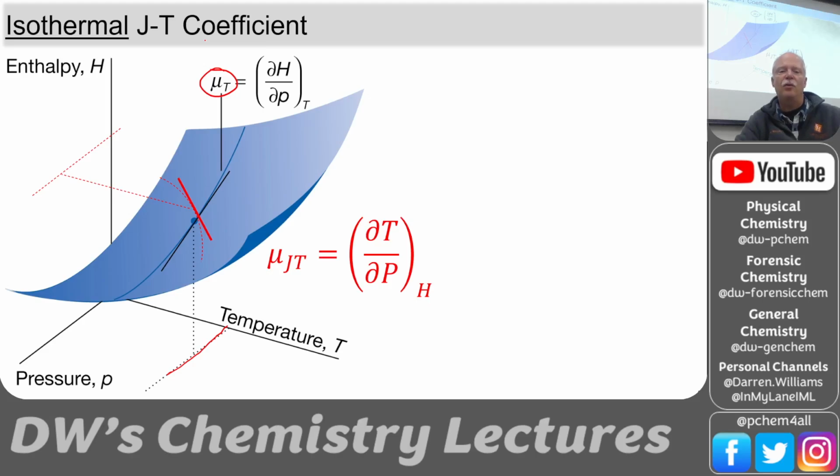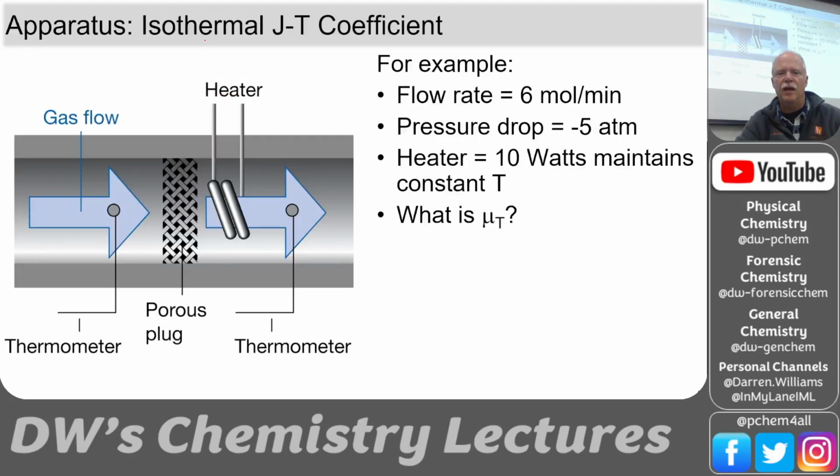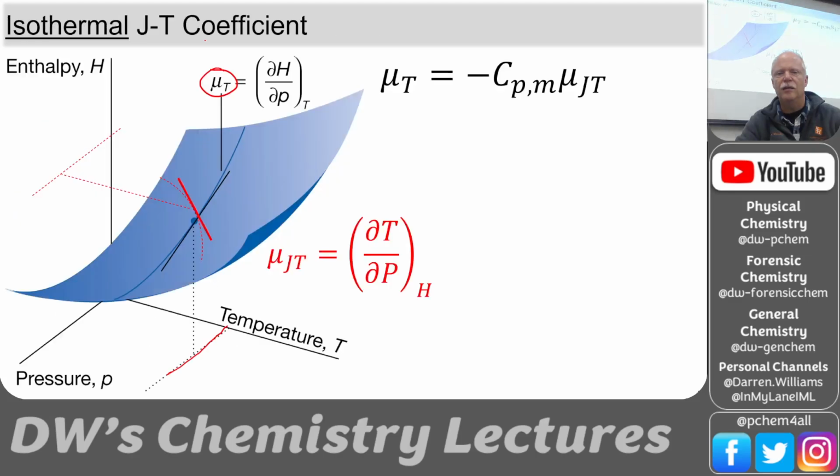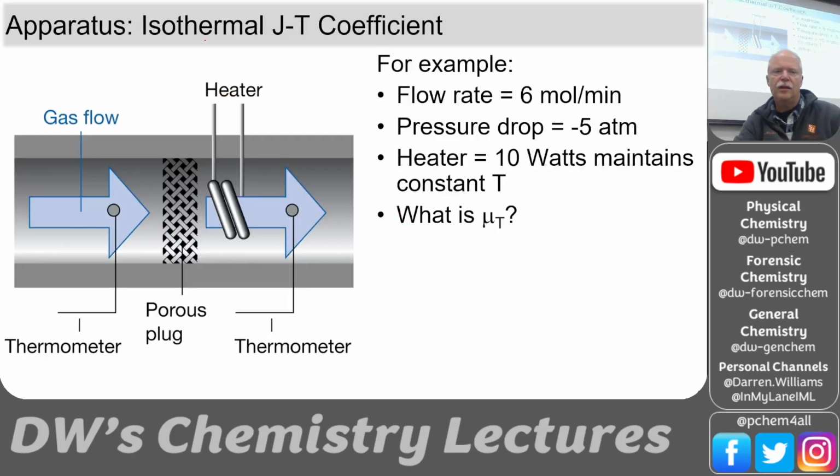So we don't have to worry about how to keep enthalpy constant. It's real easy to keep temperature constant, so we can measure it at constant temperature and then use Cp to get the constant enthalpy value. Okay, so here's an example of measuring the isothermal Joule-Thomson coefficient.